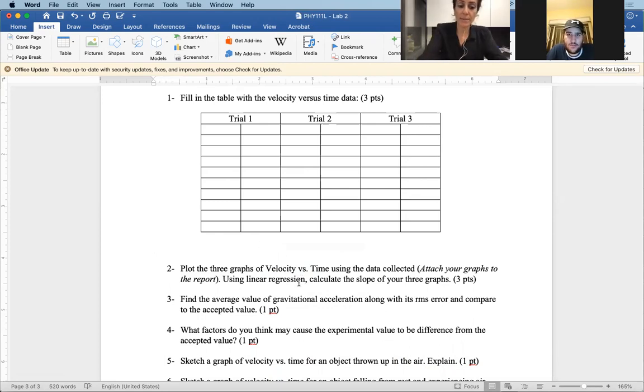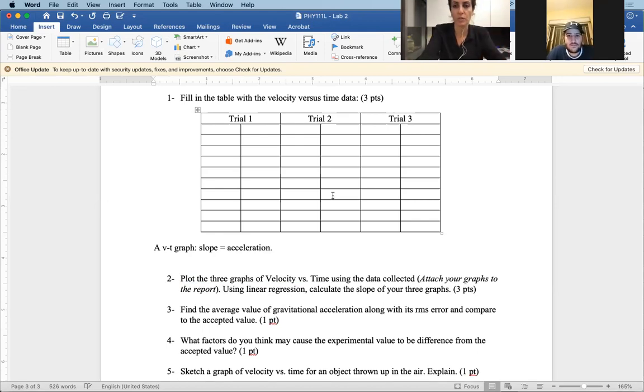Anyway, every time you have a VT graph, and here we're doing a velocity versus time graph, the slope is equivalent to acceleration. Okay, this is the first statement you need to know. The second statement you need to know is that the slope is the acceleration, and the acceleration in free fall, because didn't you let the ruler go?